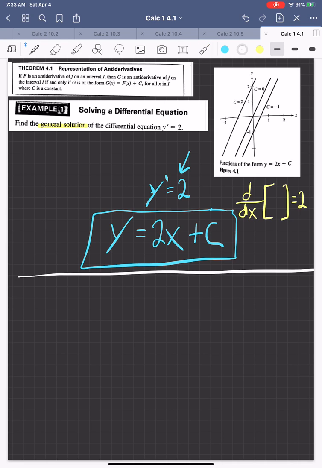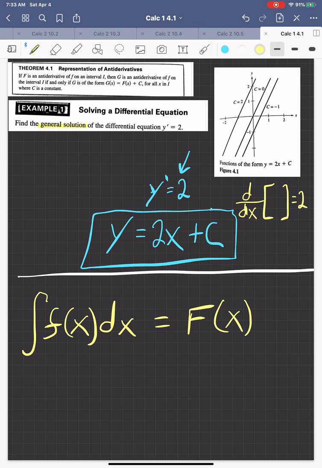So what I want to do is rewrite the integral of f of x. So the integral of f of x with respect to x is equal to capital F of x plus c.